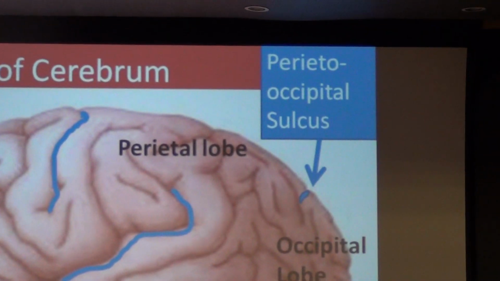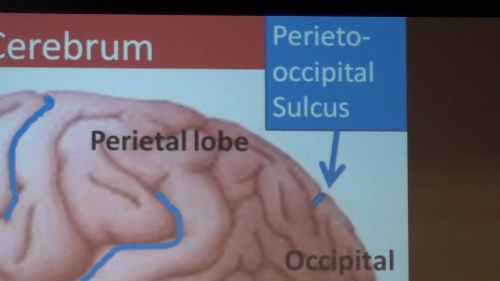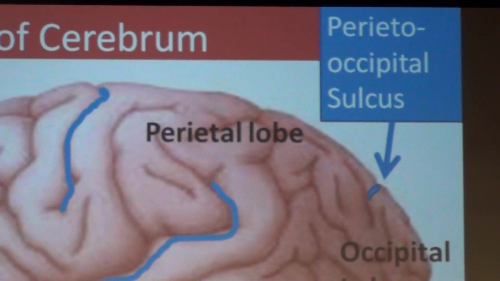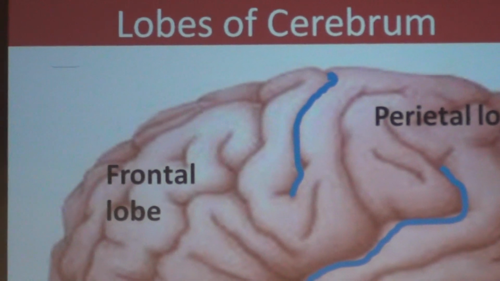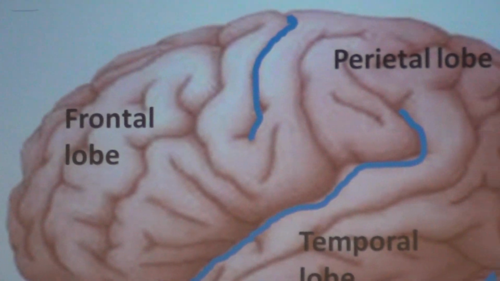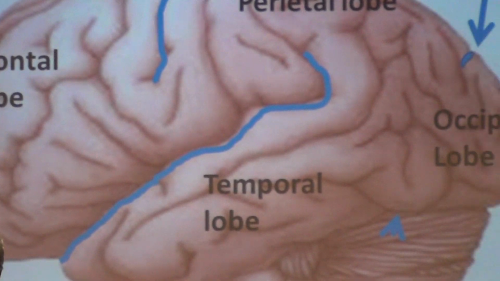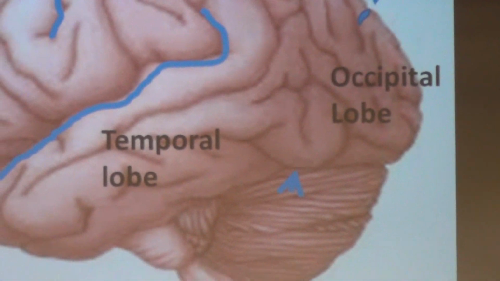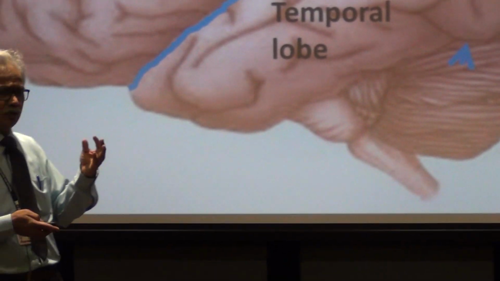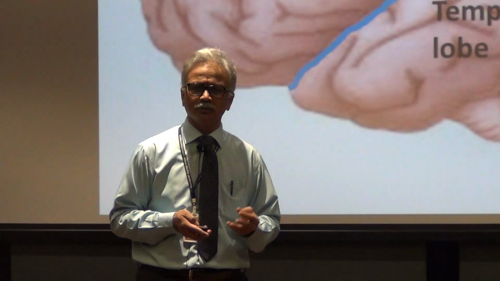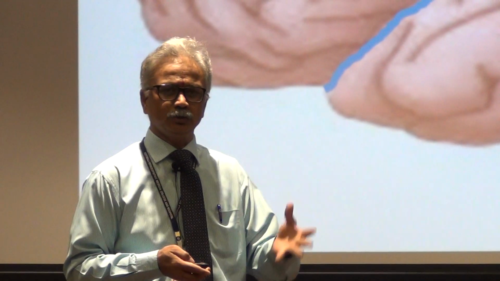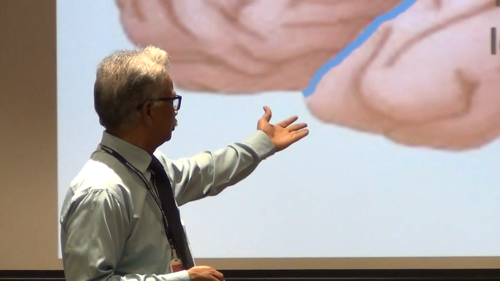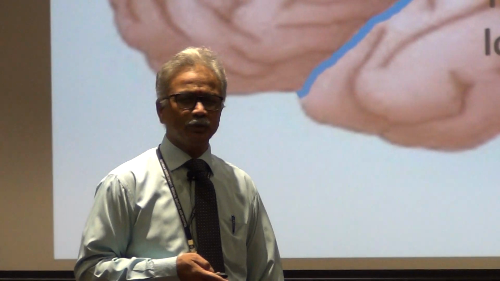This parieto-occipital sulcus, central sulcus, and lateral sulcus, these are the three sulci that form important landmarks for division of the cerebrum into different lobes. There is the pre-occipital notch.